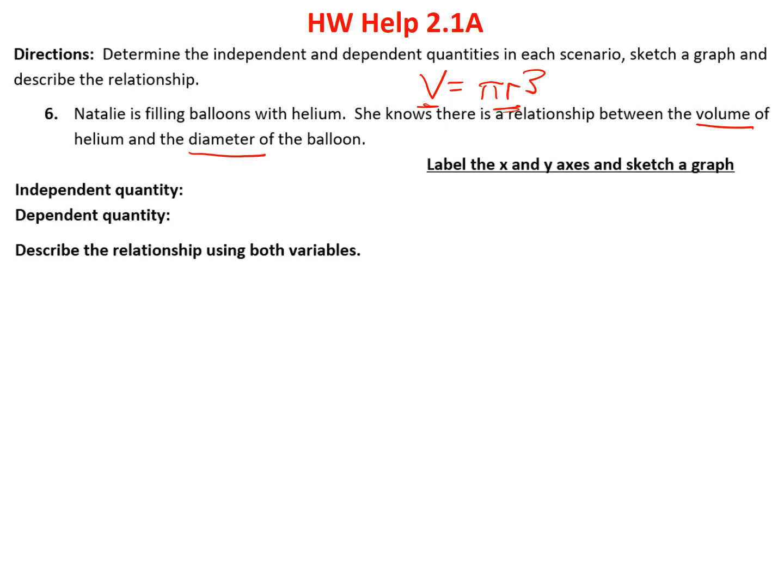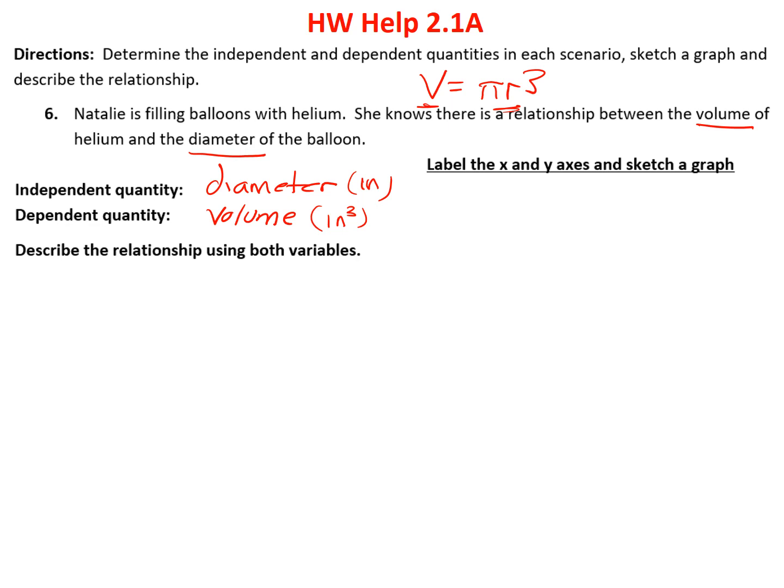So in this case, we're going to make the diameter, which is actually 2 times the radius, our independent variable, and the volume is going to be our dependent. The diameter is probably going to be measured in something like inches, and this would of course be inches cubed.